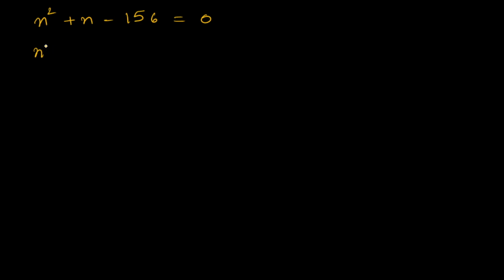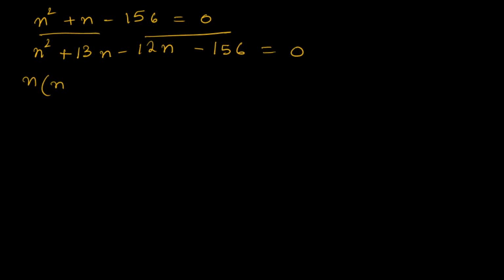So I'm just going to do it by splitting the middle term. n square plus 13n minus 12n minus 156 is equals to 0. So this is one pair, this is one pair. n is common, n plus 13; minus 12 is common here, n plus 13.